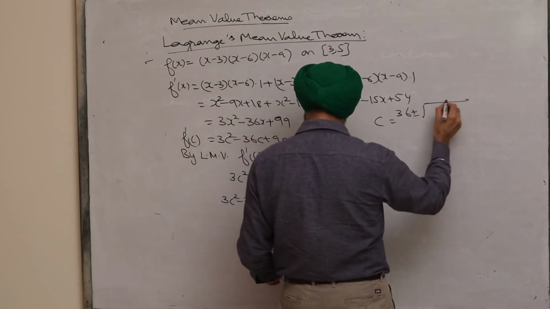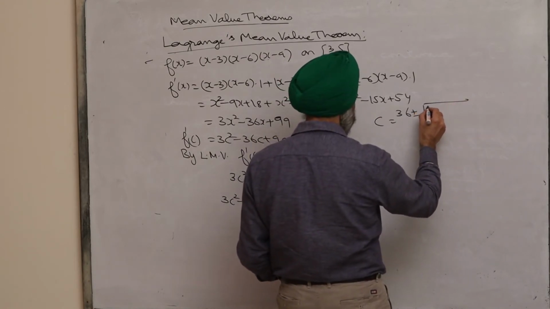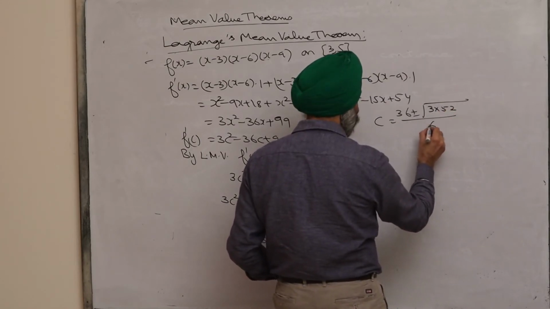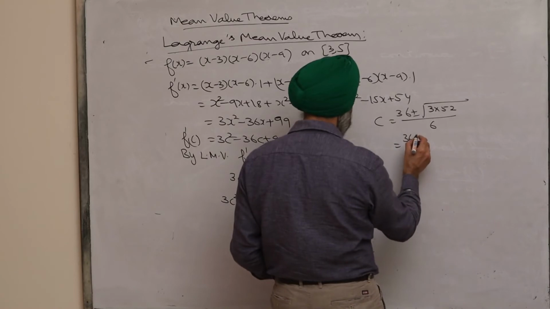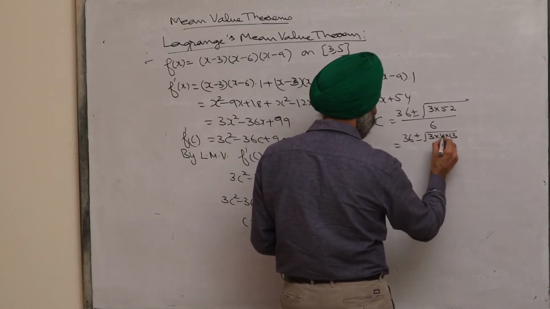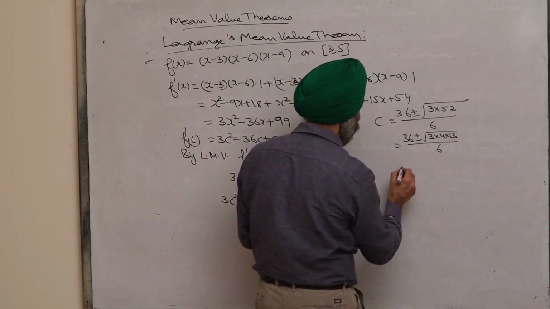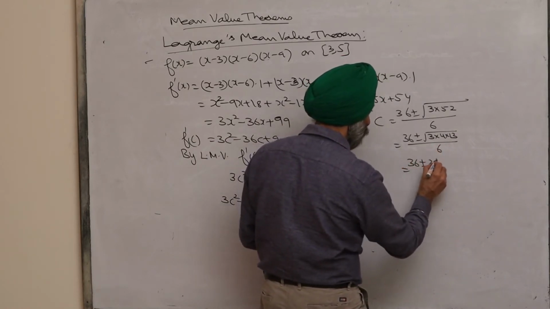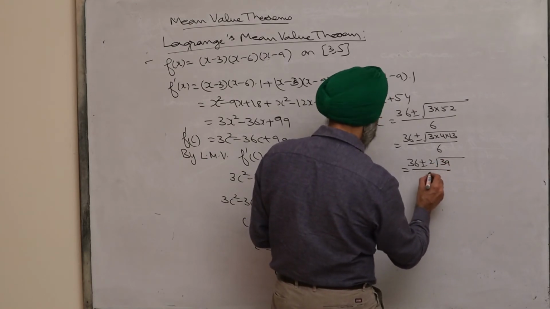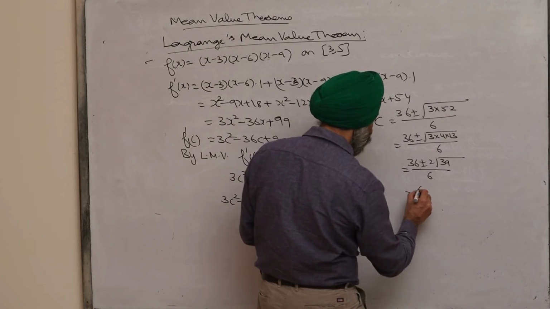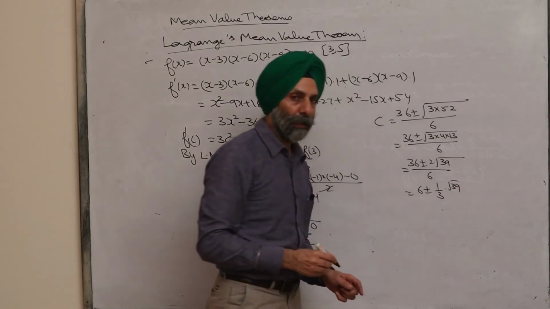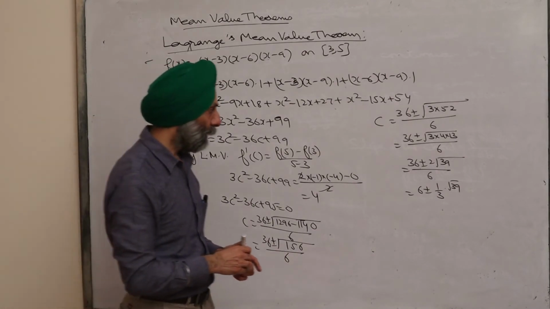How much is that? Now can I write this as 3 into 52 upon 6, which is ± of 3 into 4 into 13 upon 6, or it is 36 ± 2√39 upon 6, or it is 6 ± (1/3)√39.